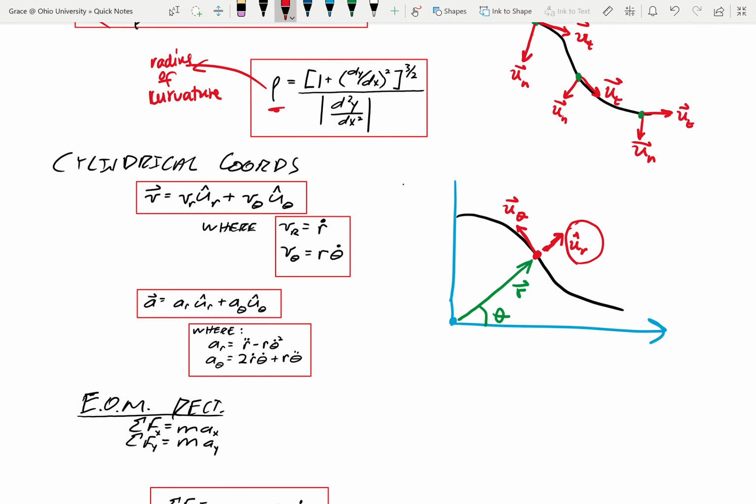Once you have that concept in mind, you know that you can break apart your velocity into radial and transverse directions. Remember that if you have theta, that's an angle, so you want to keep that in mind. And then you can also transfer it into acceleration by using the equations that we have in front of you, which is r double dot minus r times theta dot squared. So everything is with respect to time.